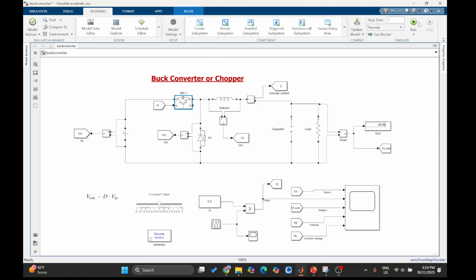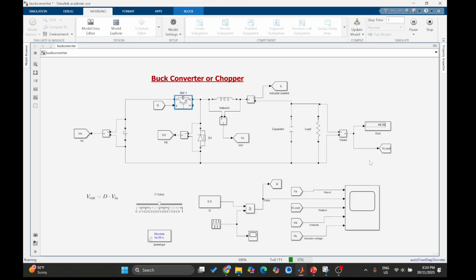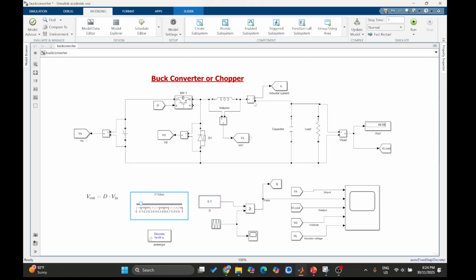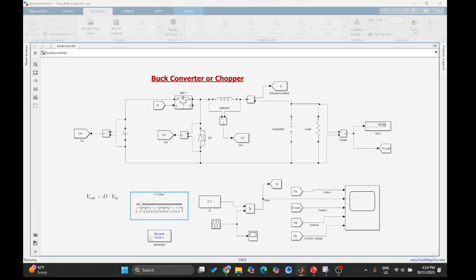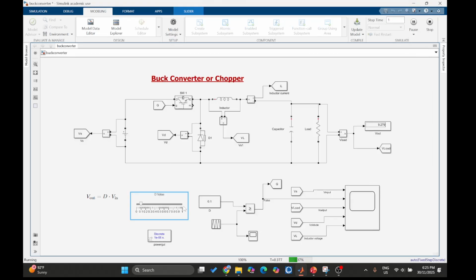Therefore, when I simulate it, I am getting an output voltage of 49.59. And if my duty cycle is 0.1, let's see what my output voltage will be.